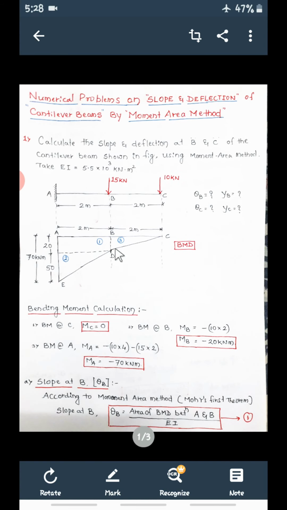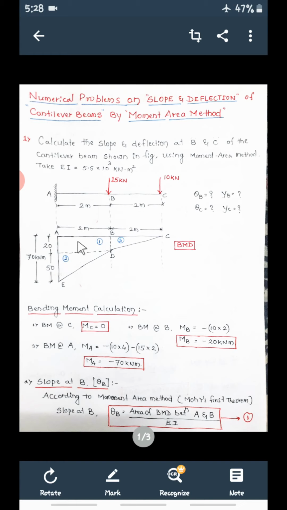So what is A1? A1 is a rectangle here. What is the area of rectangle? See here it is 20 into 2 meter. So 20 into 2 will be the area of rectangle. And what is the area of triangle now? This triangle, half base into height. So base is 2 meter and height is 50. Only this triangle now, not 70.